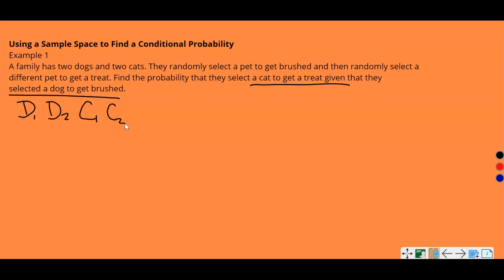So they randomly select a pet to get brushed and then randomly select a different pet to get a treat. So they're selecting one pet at a time. Find the probability that they select a cat to get a treat given, that means this has already happened, that's the condition, given that they selected a dog to get brushed. All right, so let's look at our different outcomes.